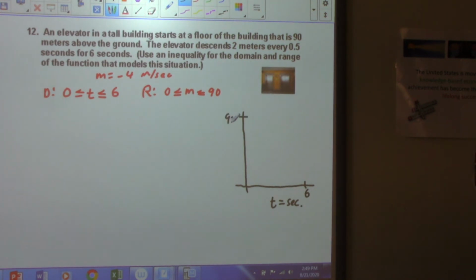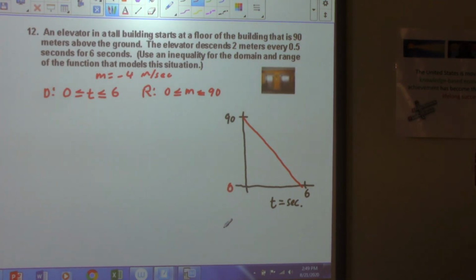So 90, and we know that the elevator's going down, so this thing's going to go down something like this. Now, if this is correct, what would that be? Well, we would go all the way down to 0. Boom. 0 height, right? But is that really what happens?